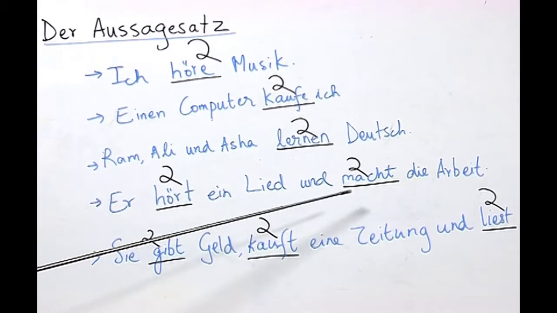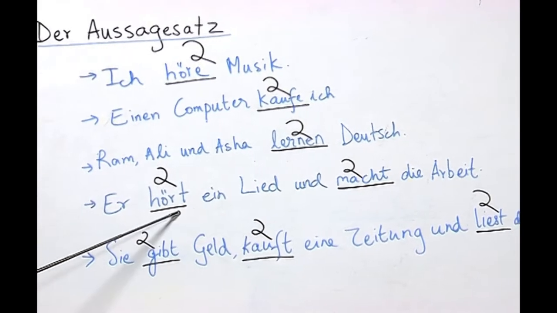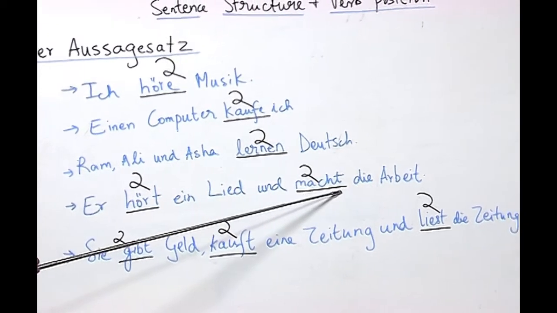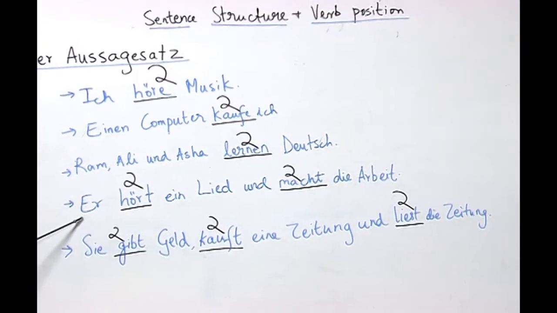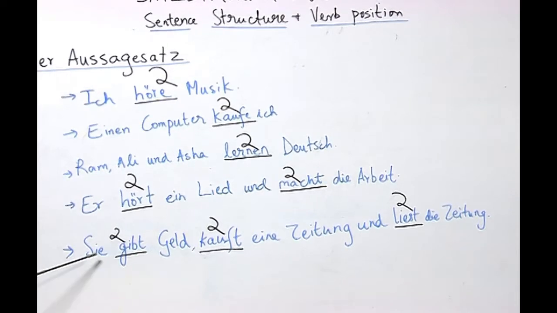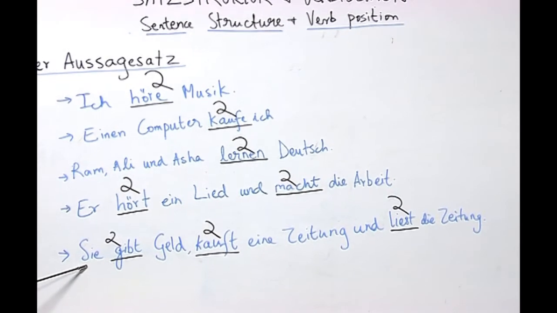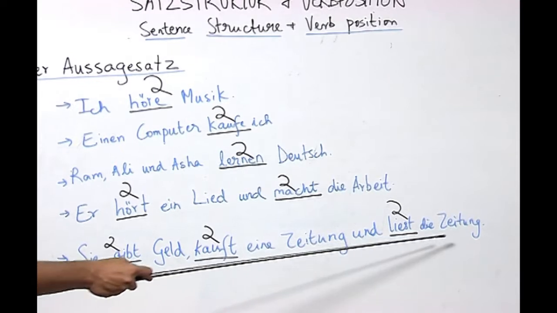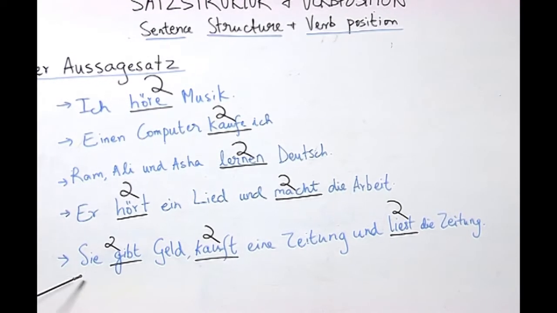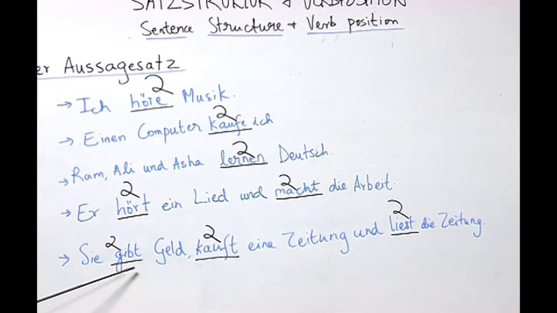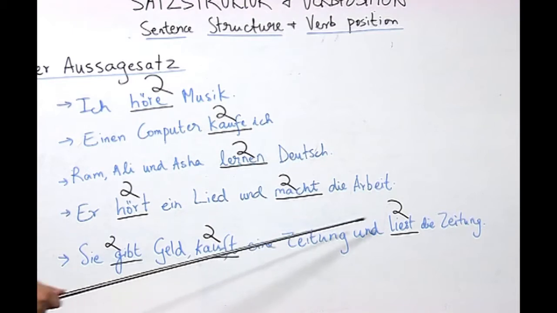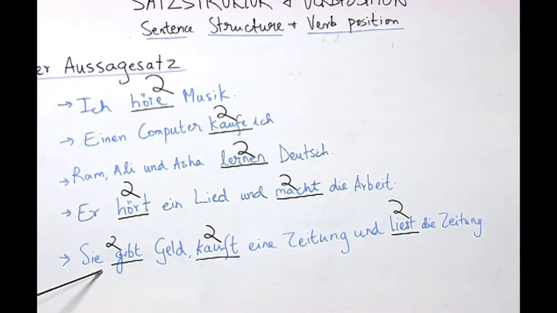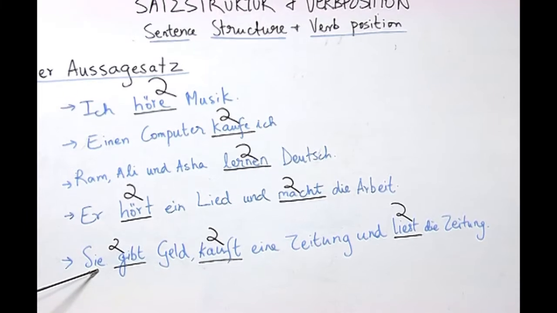As you can see here the verb is at the second position and also the following verb is conjugated according to the subject here. The same way this sentence Sie gibt Geld, kauft eine Zeitung und liest die Zeitung is a long sentence where three verbs gibt, kauft und liest are conjugated according to the subject Sie, which is at the first position.